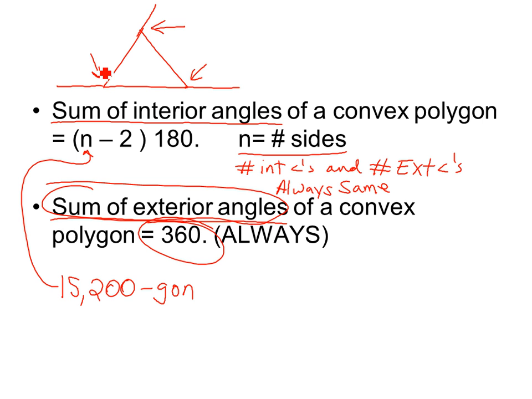If I have a hexagon, the sum of the interior angles is one thing, and you can plug into this formula and find that. But the 6 exterior angles, if we were to draw in one at each vertex, are always going to add up to be 360 degrees.